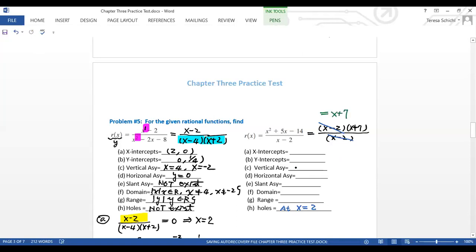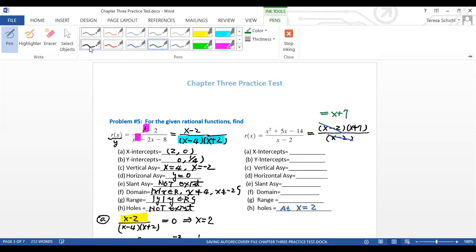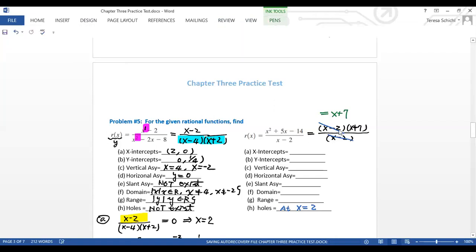Okay, now let's take a look at the x-intercept and y-intercept. The x-intercept is where y equal to 0. So it means x plus 7 equal to 0. So what is x here? x equal to -7.